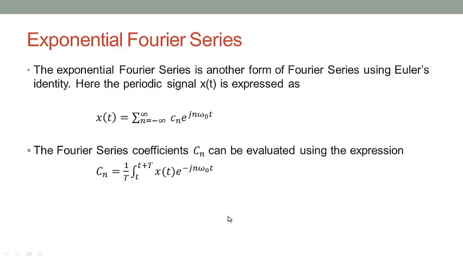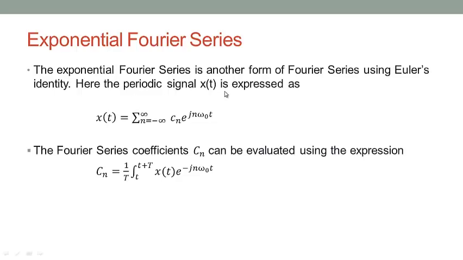Another form of Fourier series is called the exponential Fourier series, and it is simpler. Instead of sine wave and cosine wave, you will have a complex exponential term. The exponential Fourier series is another form of Fourier series using Euler's identity.